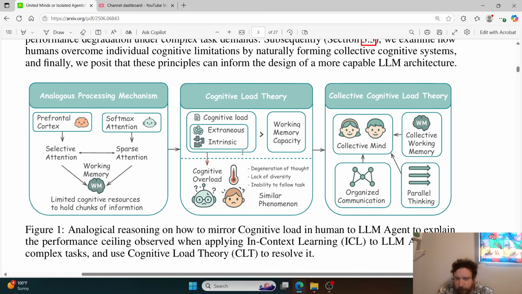The researchers' proposal and framework is this collective cognitive load theory. If the problem space and the working memory for one model is X, let's combine two models. If we throw two models at it, literally combined, both of their powers, like by your powers combined, fusing that collective mind.